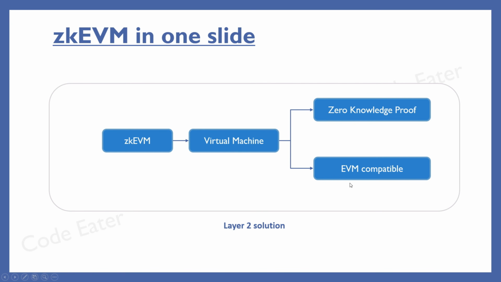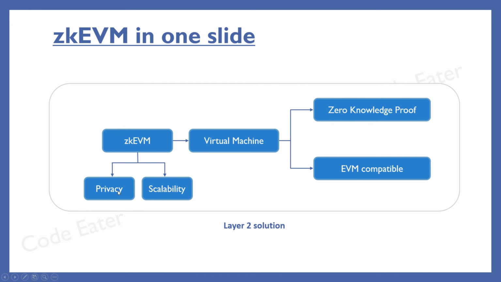Now this zkEVM has two major benefits. It can have many benefits, but the two major ones are that it supports privacy and scalability. And scalability, as I said, is the biggest issue which blockchain has faced till now. Now zkEVM is solving this scalability issue, and not only that, the scalability issue is also solved along with privacy.